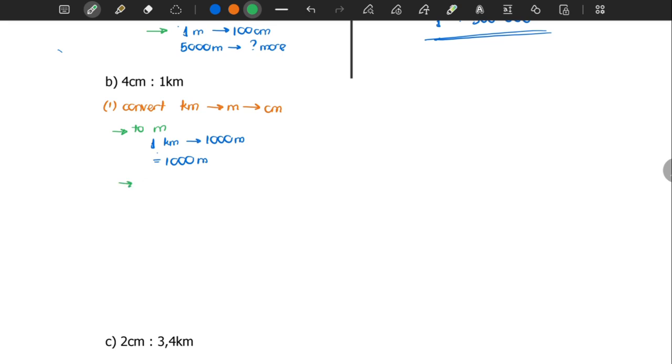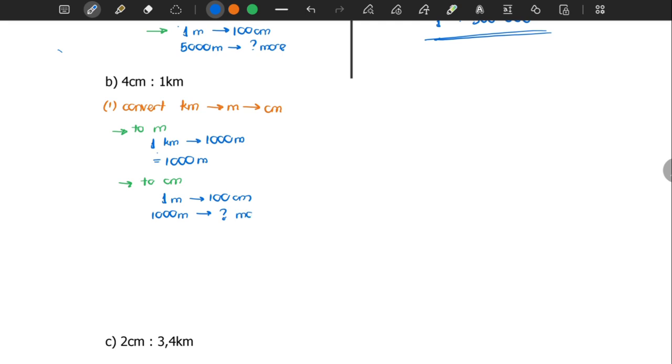And then the next part is to centimeters. We know that 1 meter is 100 centimeters, which is the baseline that we know. Now we have to find out what 1,000 meters should be in centimeters.